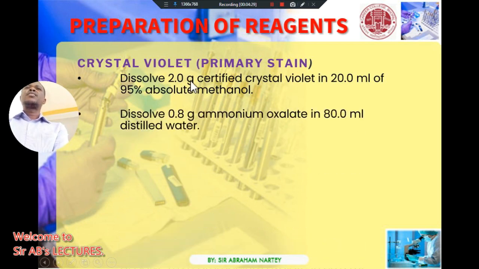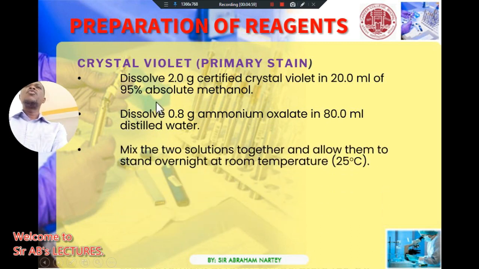The next step, you find another beaker. Then you take ammonium oxalate, just 0.8 gram, and put that ammonium oxalate in 80 milliliters of distilled water, in a different beaker, and you dissolve the ammonium oxalate.